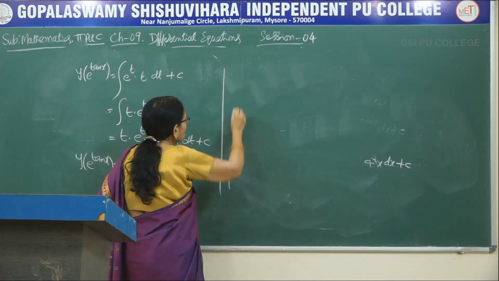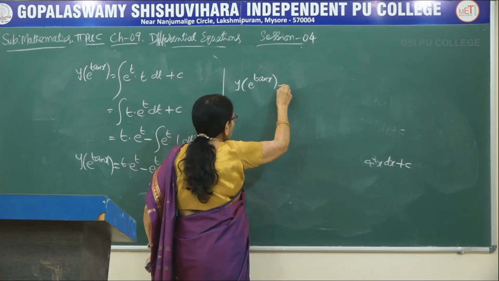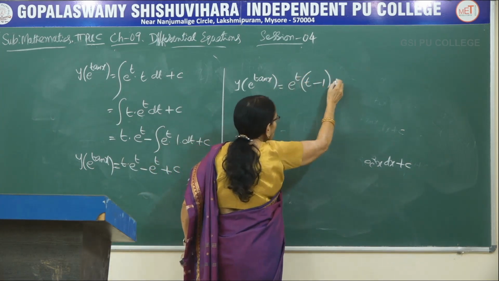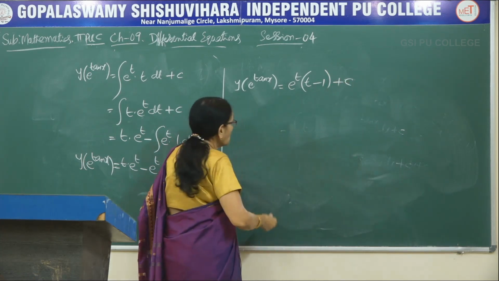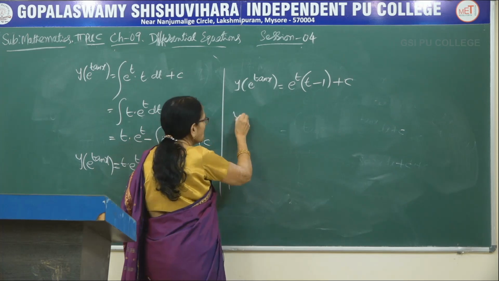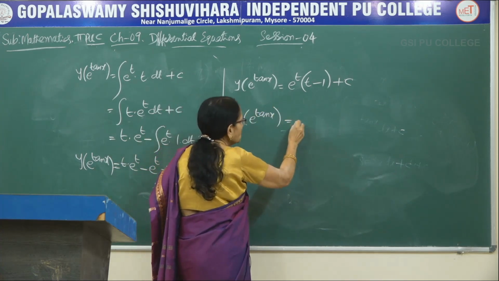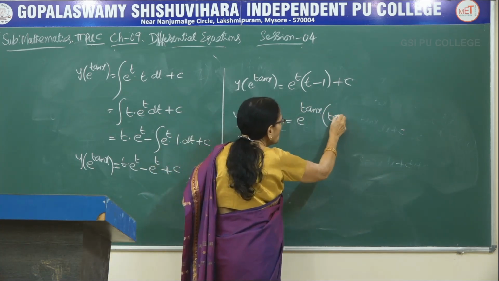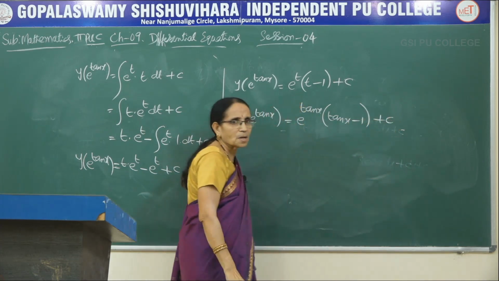Write like this: y into e to the power tan x equals, taking out e to the power t as common factor, t minus 1 plus the constant c. Now what is t? Y into e to the power tan x equals e to the power tan x into tan x minus 1 plus the constant.